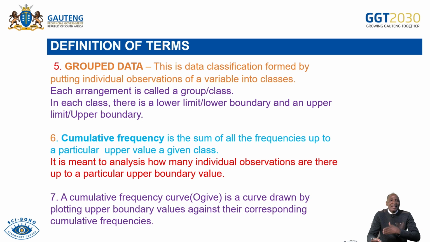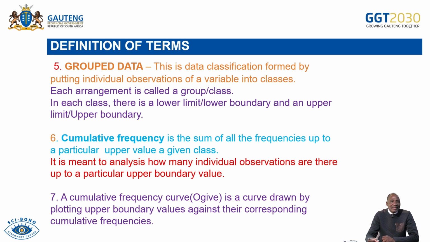Up to 20, you skip all the lower boundaries and operate with the upper boundaries to say up to this particular upper boundary, how many people were involved, or how many items were involved, or how many of those elements in our distribution were involved. So when we talk of cumulative frequency, we have to add up all the previous frequencies up to the upper boundary of the particular class which we choose to stop at.